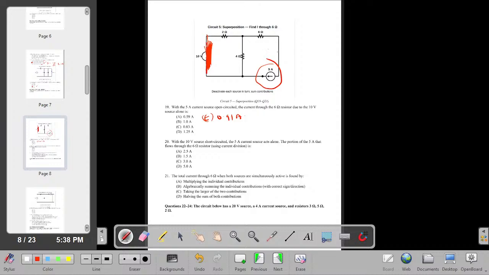So now, if you have a current coming here, then it means that we need to get just two branches, right? So we realize that I have this 2 ohm and this 4 ohm here. Now would we say that they are in series or parallel? This is in parallel, perfect parallel.